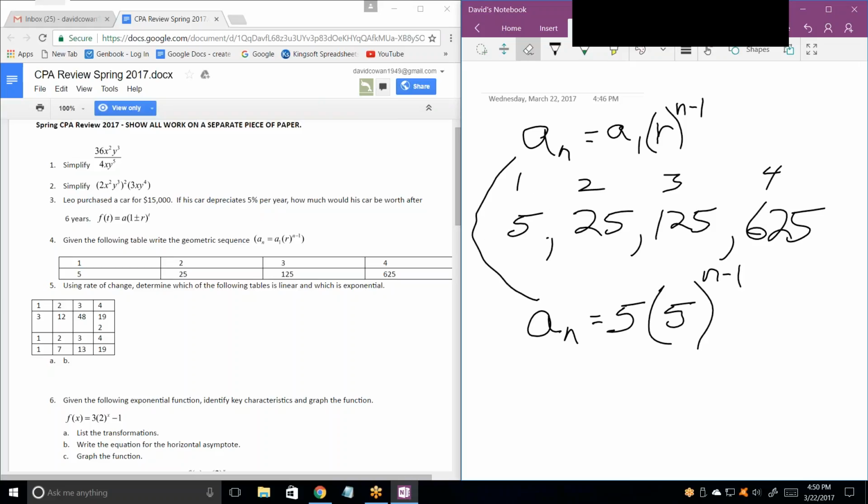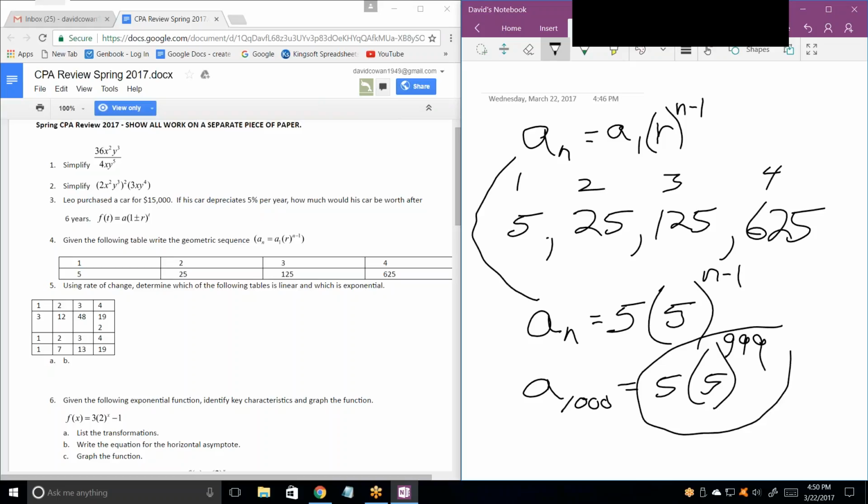The reason this is a key equation here is that it will allow you to figure out whatever term you want. If you wanted the 1000th term, you could get it from this equation. That would be a sub 1000. In other words, n is 1000, and that's going to be 5 times 5 to the 1000 minus 1, which is 999.